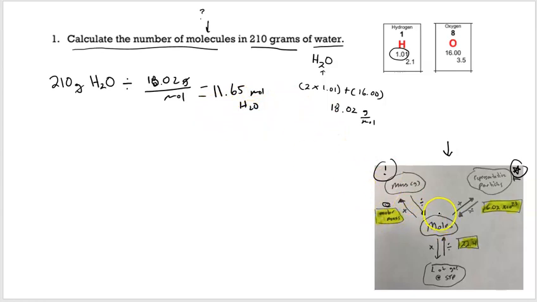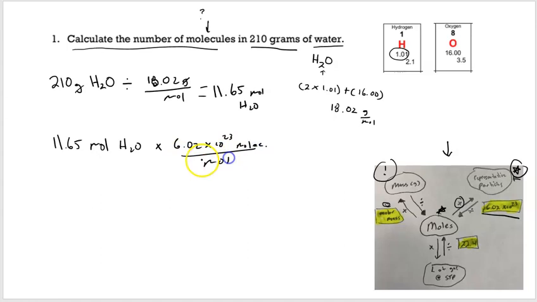My next step is going from moles down to representative particles. In order to do that, I'm going to multiply by Avogadro's number, 6.02 times 10 to the 23rd particles per mole. So I'm going to go 11.65 moles of H2O times 6.02 times 10 to the 23rd molecules per 1 mole.